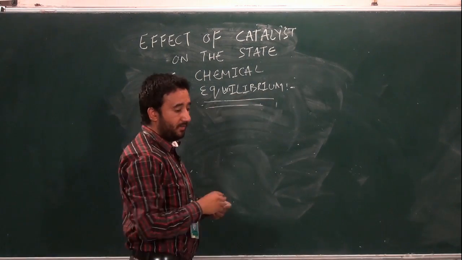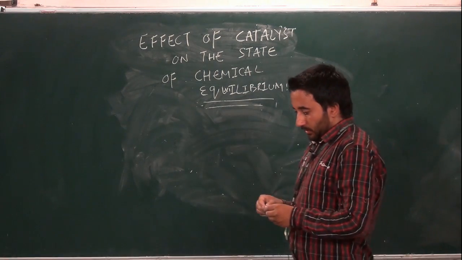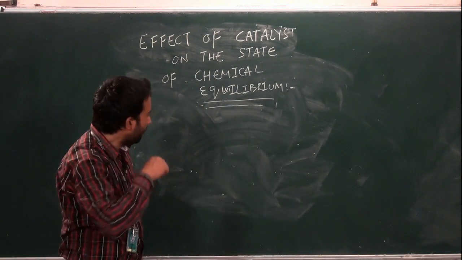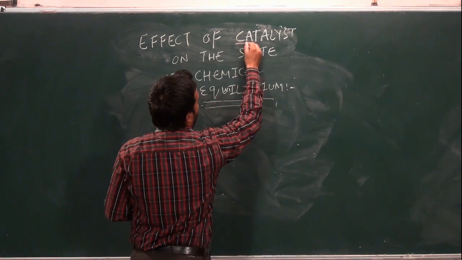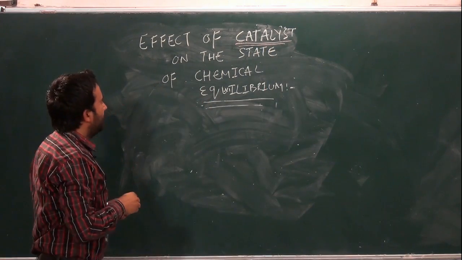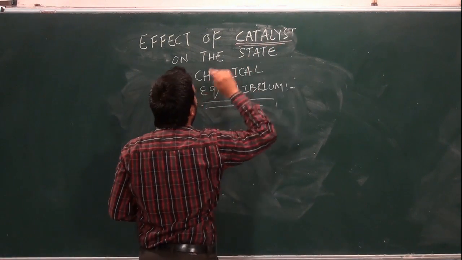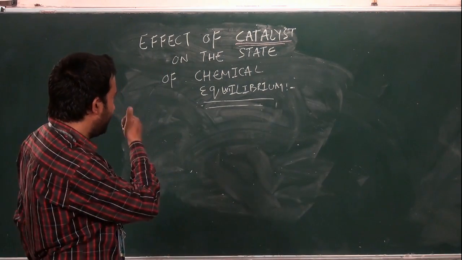Very important topic, very important topic. Now, as you see, we have a new term here, a catalyst. This is the topic, effect of catalyst on the state of chemical equilibrium, but we have a new term here, which is a catalyst.